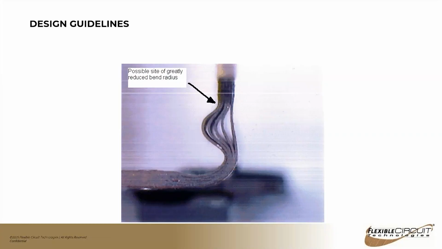Sometimes that can actually hurt you though. In this example, you have 5 independent flex straps, but with how this part is formed, you can see that the flex straps on the left-hand side are under significantly more tension and compression compared to the flex strap on the right-hand side. There are some things you can do about this.